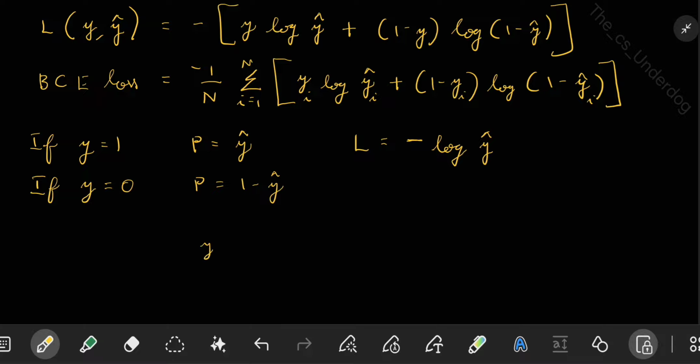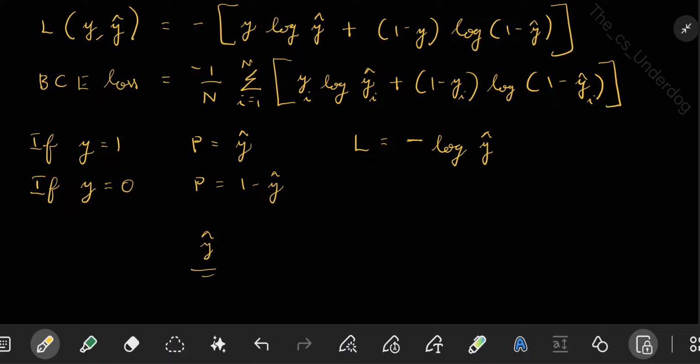Y cap is always treated as the probability that this particular input belongs to class 1, given the input and the parameters. The probability that this input belongs to class 1, that is what you are calling y cap.